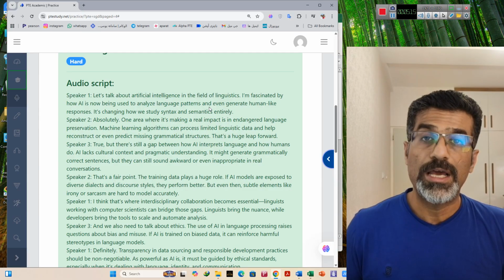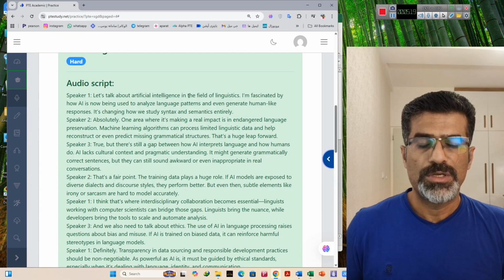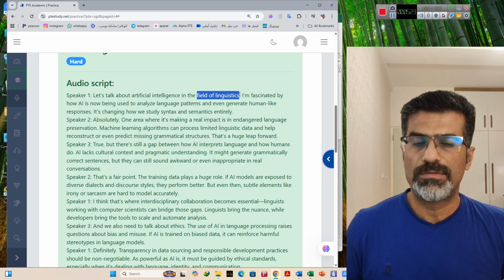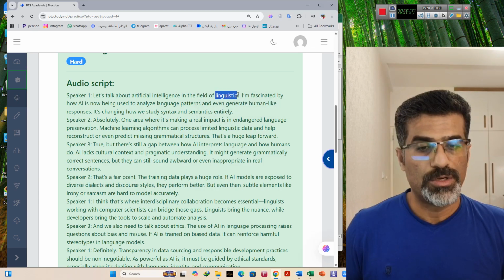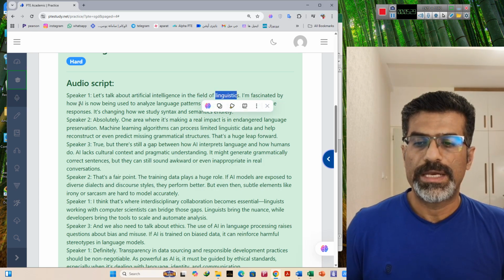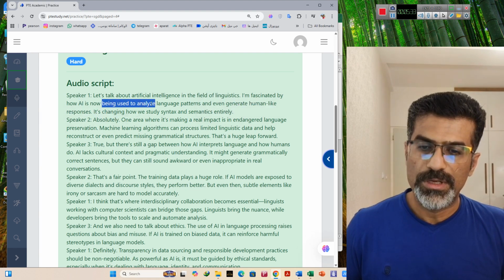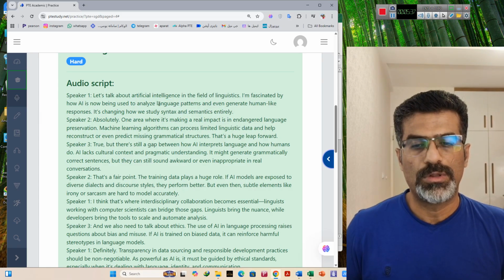And after that, I may write down such collocations. For example, field of linguistics, or only the word linguistics, or again AI, or being used to analyze something, or analyze language patterns, or maybe patterns or language patterns.